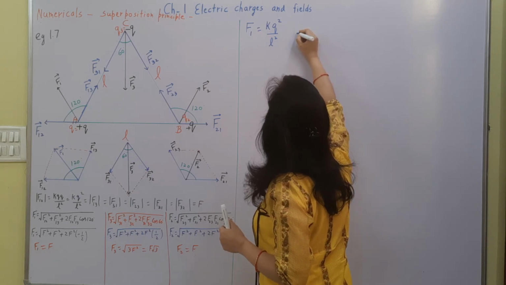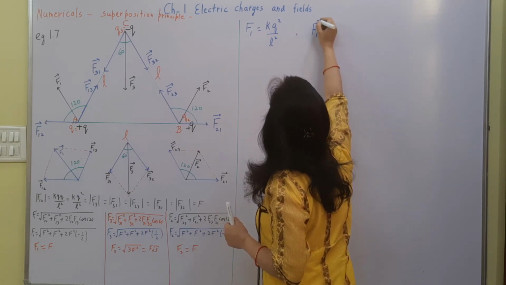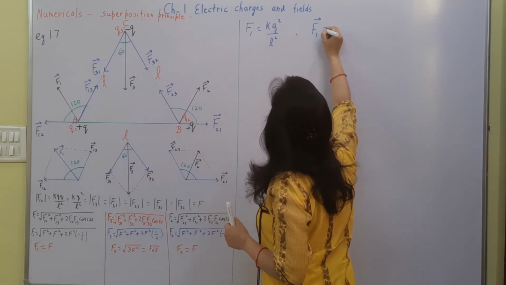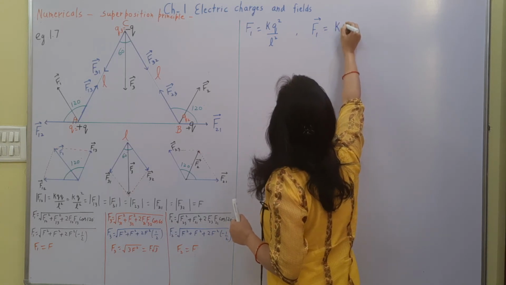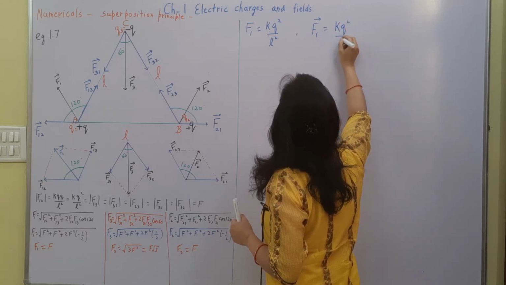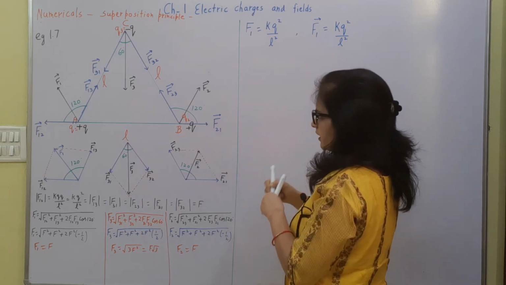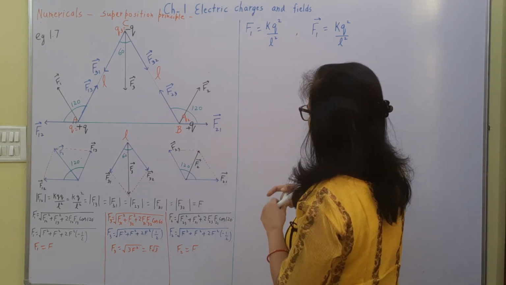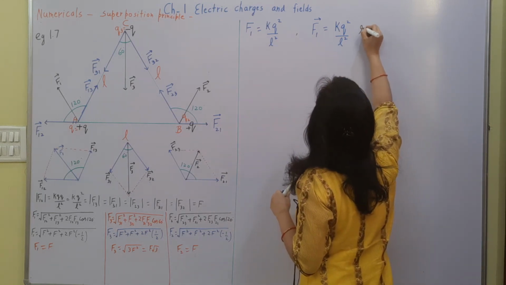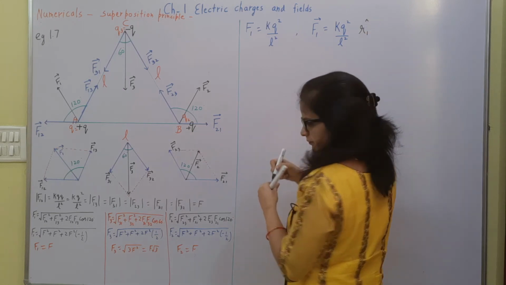This is the magnitude. So F1 vector will be kq square upon L square if the direction of F1 vector is taken as R1 cap, right?